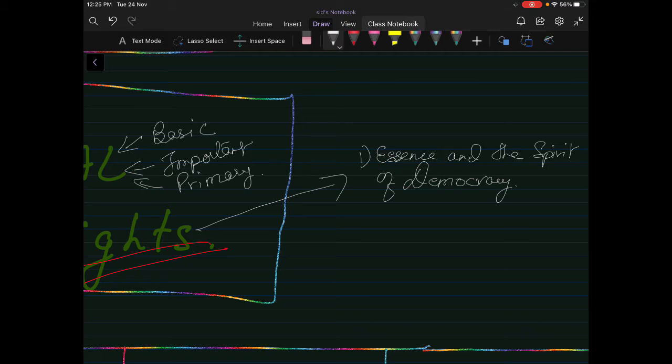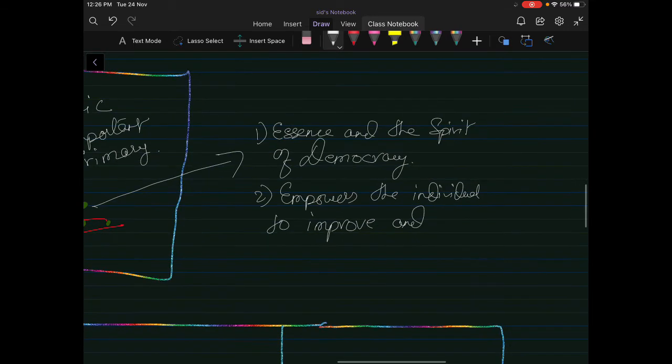And number 2, rights empower the individual to improve and develop.